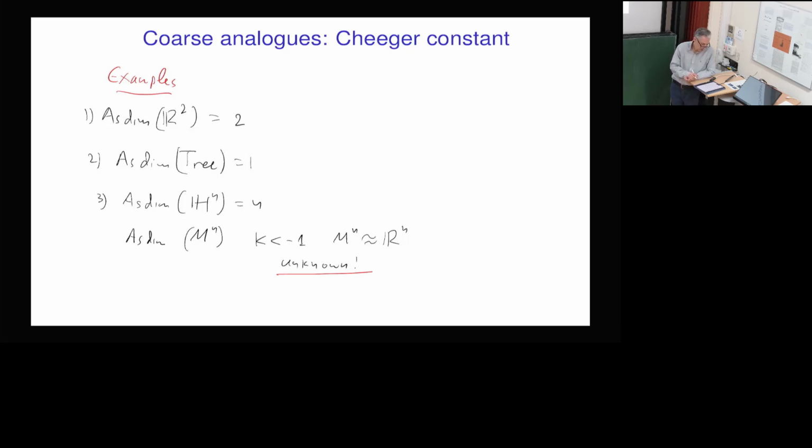However, it's even unknown what happens if you have strictly negative curvature, but you don't have a bound, both upper and lower bound, and your manifold is like Hn, homeomorphic to Rn. It's not known whether the asymptotic dimension is even finite. For manifolds with a co-compact action, everything is fine.